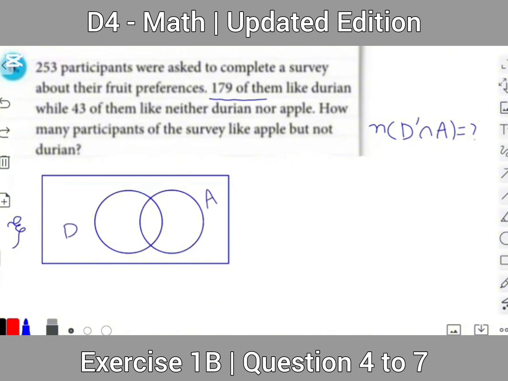And now first, we will identify the region for D complement only.